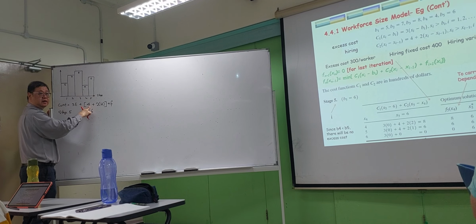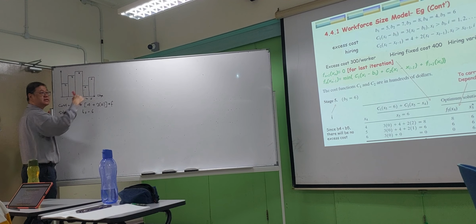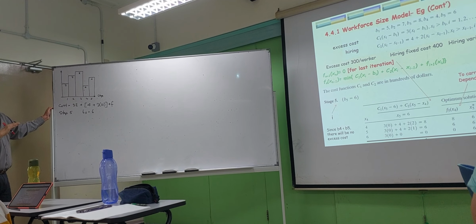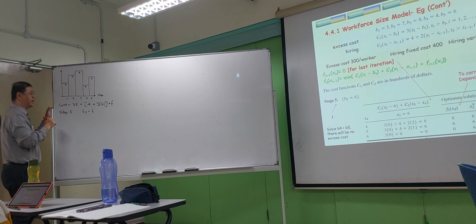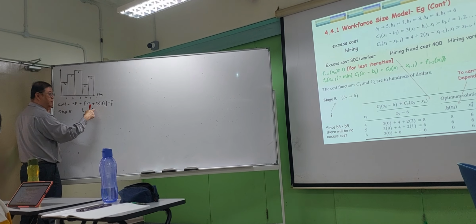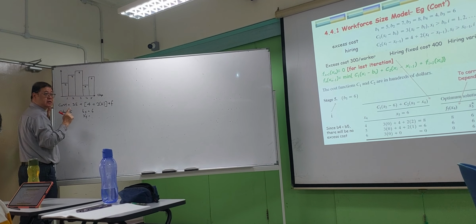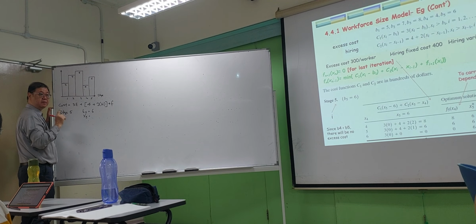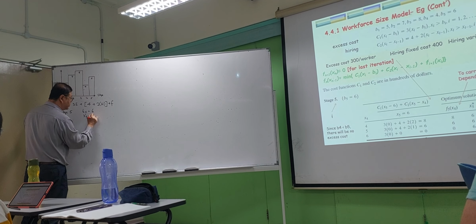But here, this is the last stage already. There's no reason you need to keep more than that. So for the very last stage, your F5 always equal to your P5. Always. Because there's no reason you need to keep more. So F5 equal to 6.